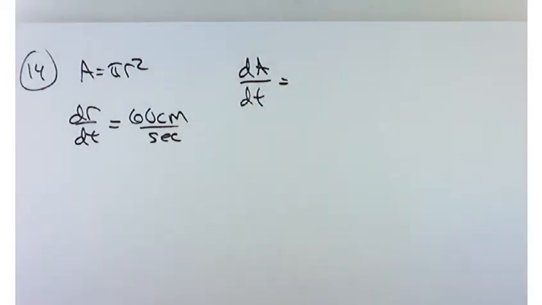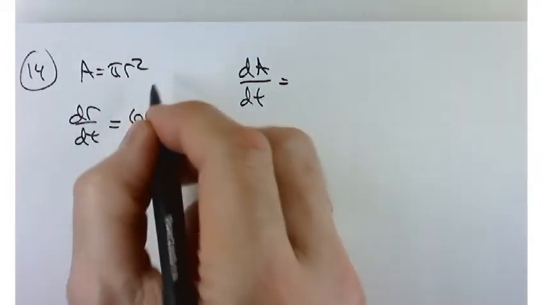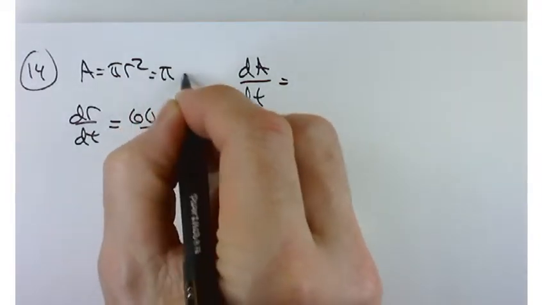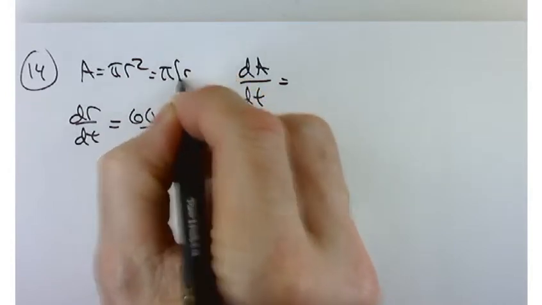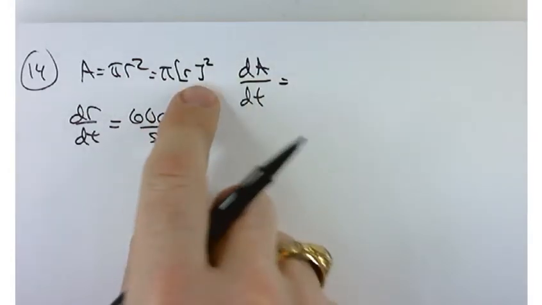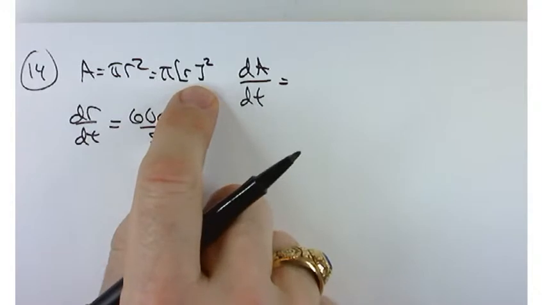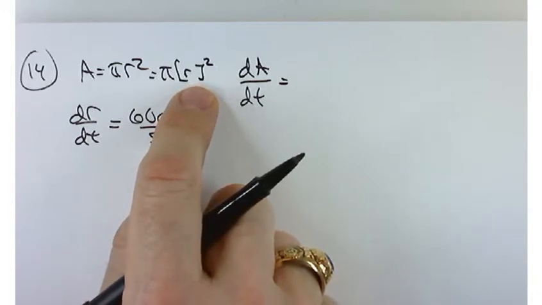So dA/dt. What's going to happen when I differentiate this with respect to time? Bonus points here. Somebody tell me. We're going to have a dr/dt term.